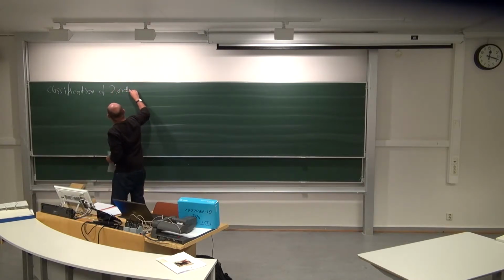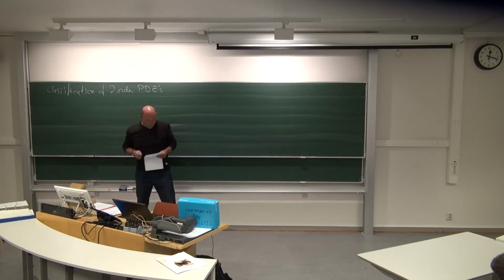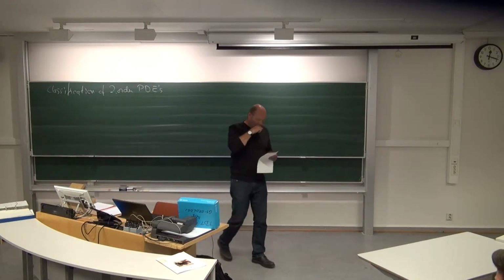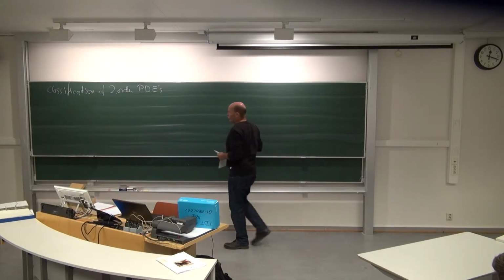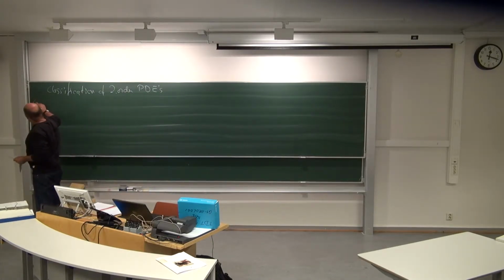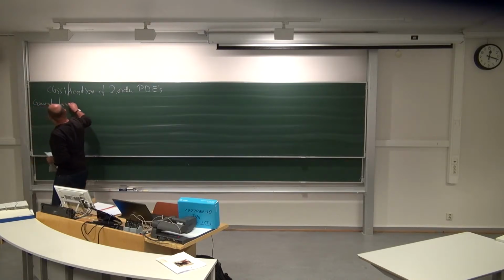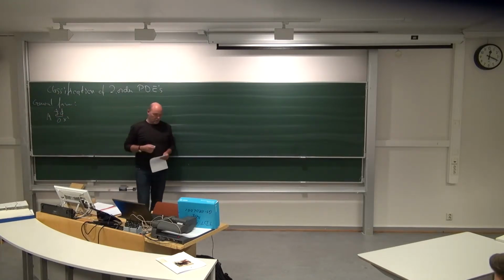Second order partial differential equations. We classify them. And to find out which class your PDE belongs to, you start by comparing to a general form. We will have it like this: A, and then a double derivative. As your unknown here, I use a phi, Greek letter phi.